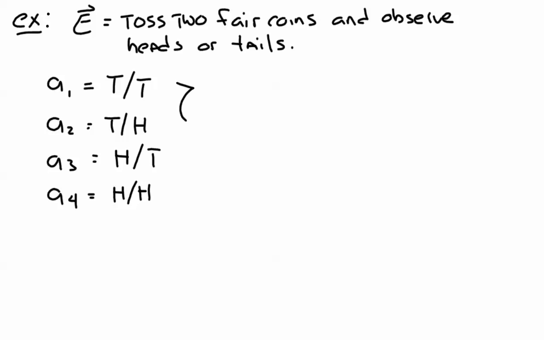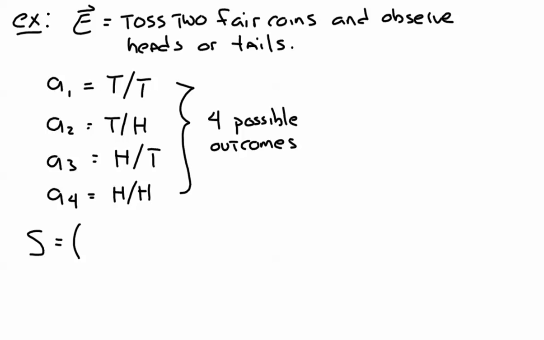So there are 4 possible outcomes. So the sample space, which is the collection of all possible outcomes, would look like this: A1, A2, A3, A4.